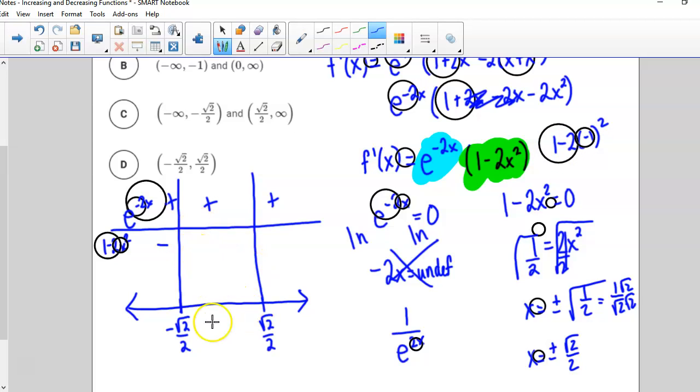If we pick something in between, what's the easiest number to use, between negative square root of 2 over 2 and positive square root of 2 over 2? 0. We plug in 0. 1 minus 2 times 0 is 1, so that is a positive number. And if you plug in positive 1, it's going to be the same as if you plugged in negative 1 because you're squaring it, so you get a negative number there as well.